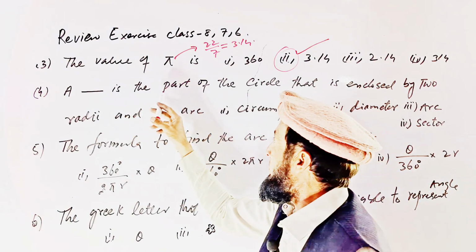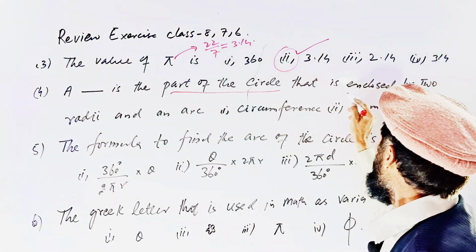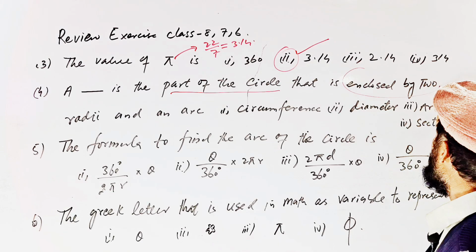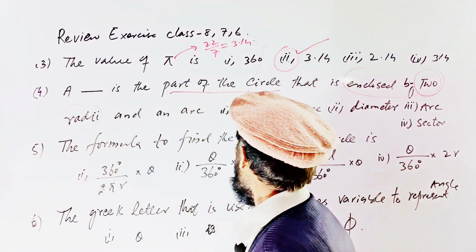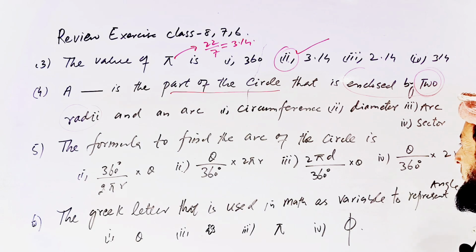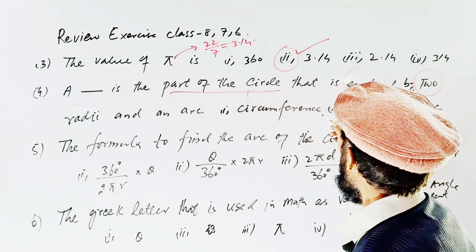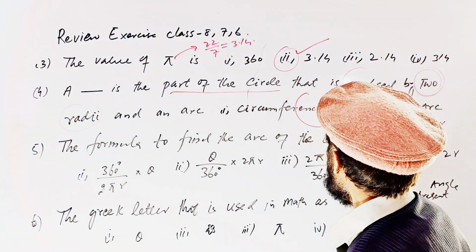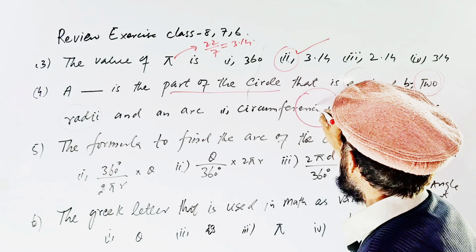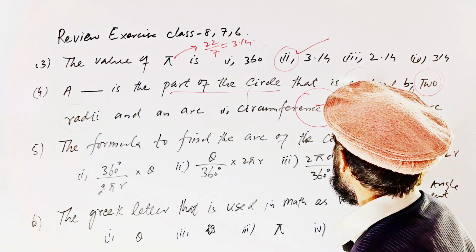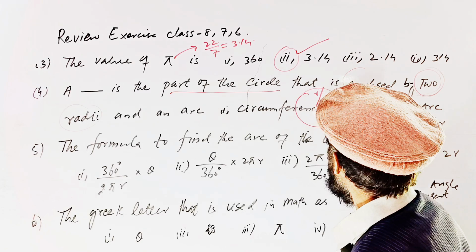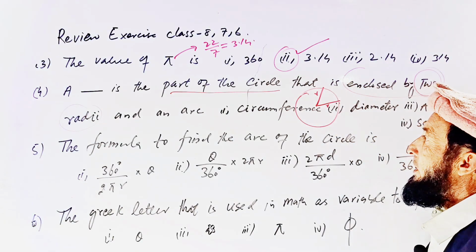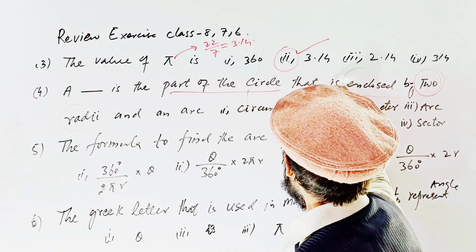So a dash is the part of the circle that is enclosed by two radii of the circle. So we draw the circle here. If this is the center, with two radii, one radius and the second radius, and an arc, that is called the arc.